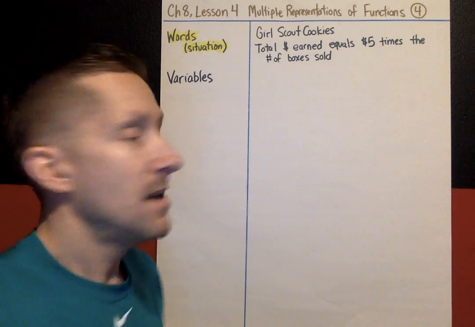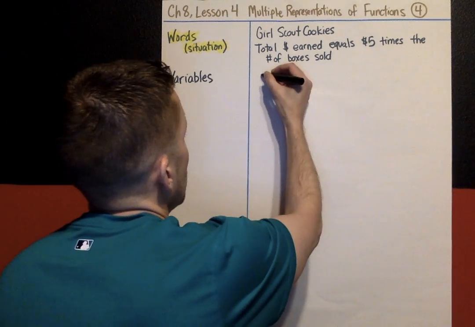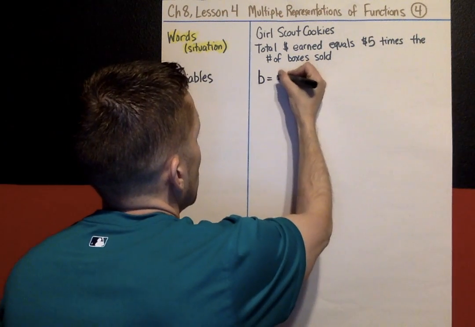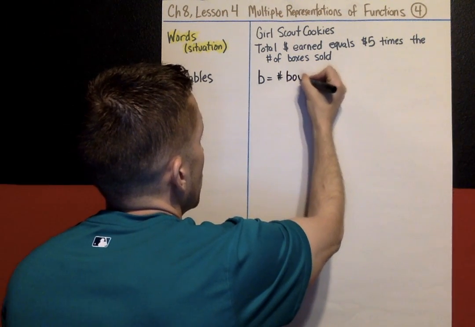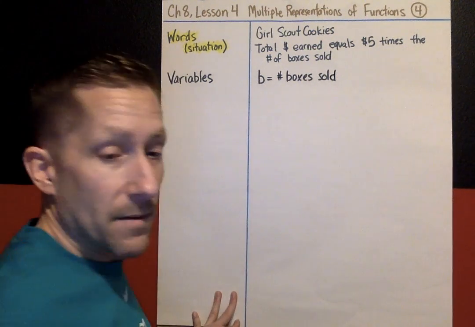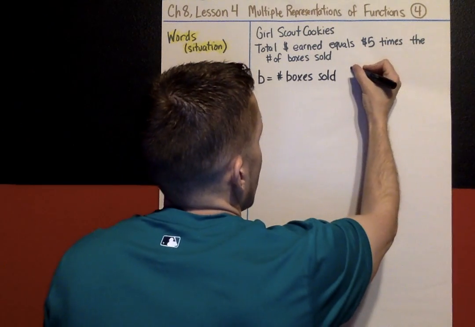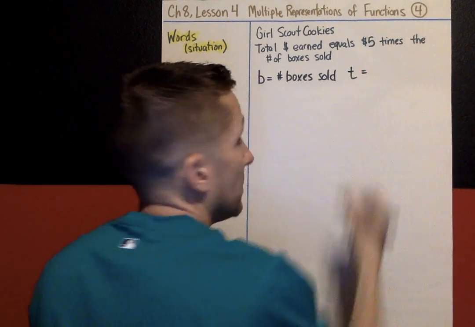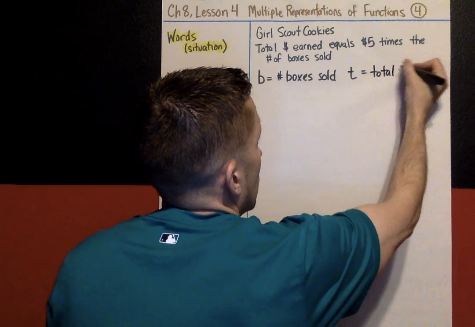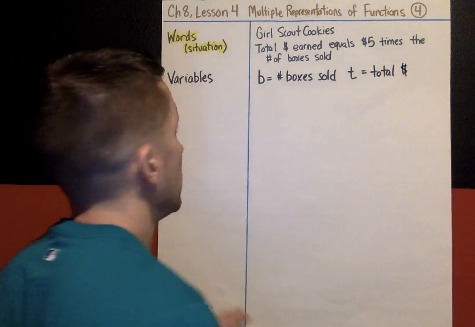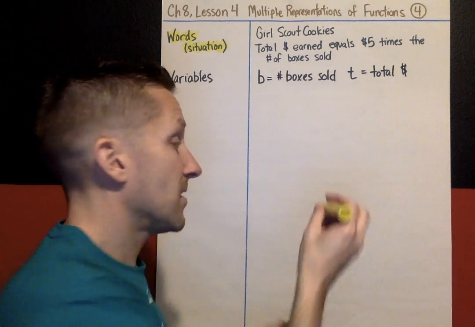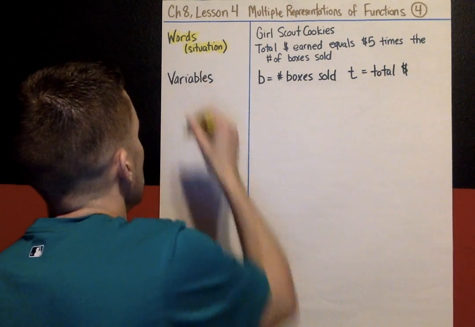So I'm going to define the variable B equals the number of cookie boxes sold, and my other variable I'm going to assign T. That is the total money that you've earned. So that's another representation of a function, is using variables.